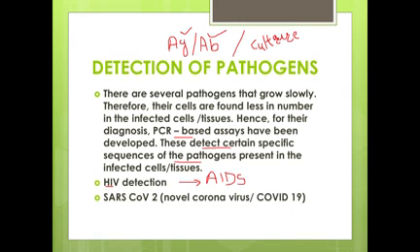Another most frequently used test is the detection of SARS-CoV-2, or novel coronavirus, or COVID-19, which in most recent times is detected by using PCR. So I will briefly describe how PCR is used in detection of SARS coronavirus 2.